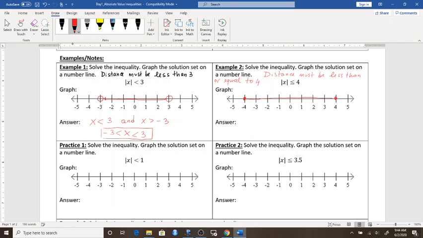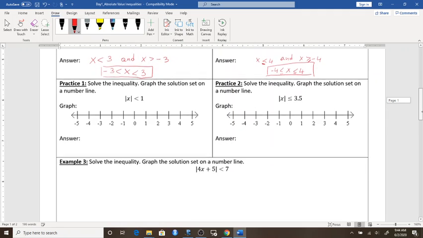If you want to write your answer, you can either say x less than 4 and x greater than -4, or more simply, you can write x greater than or equal to -4 and less than or equal to 4, okay?